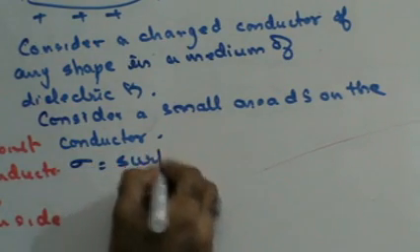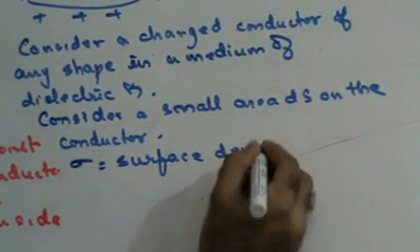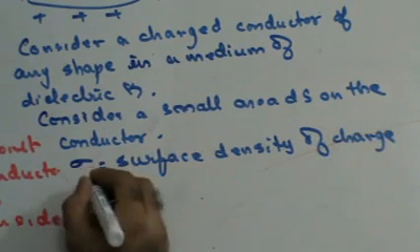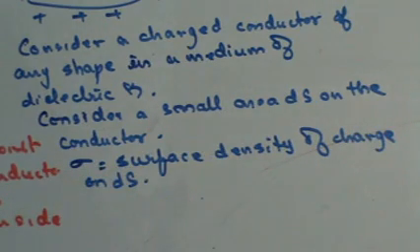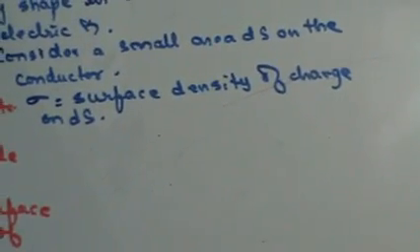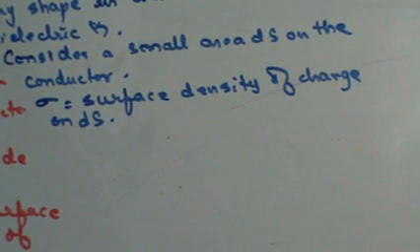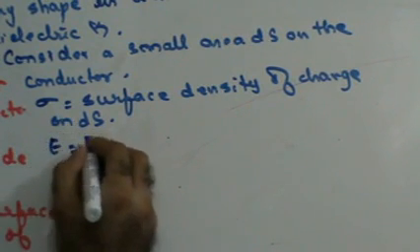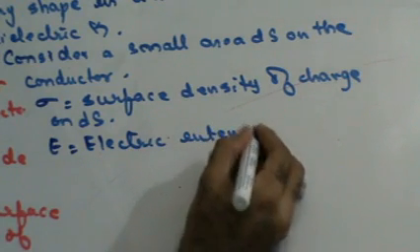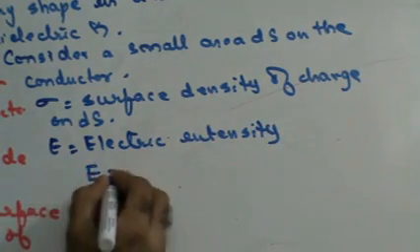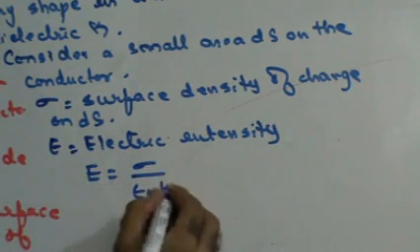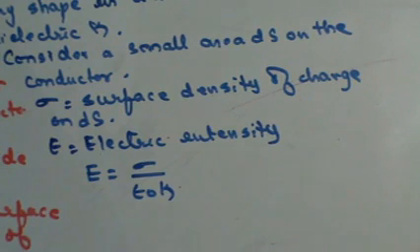Sigma is the surface density of charge on ds. Right? Now, we have just derived that the electric intensity at a point just outside the conductor is sigma upon epsilon 0 K. Right?